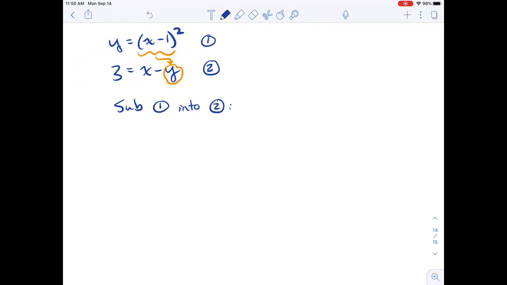So we have 3 equals x minus 1 squared. Instead of just y, I'm replacing it with x minus 1 squared. And now, once again, we need to expand this out and simplify it down so that we get it into standard form.